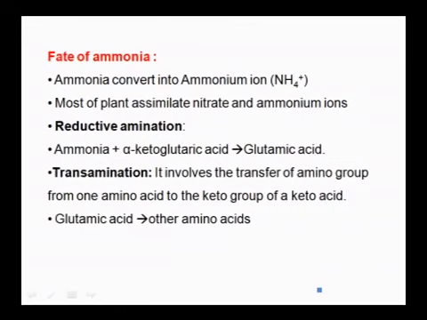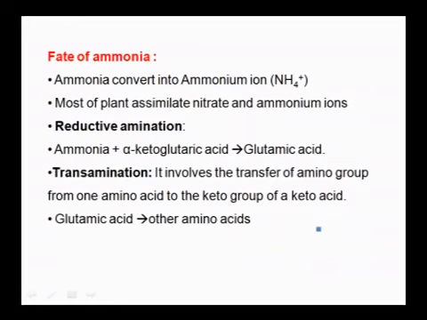Ammonia is converted into ammonium ions. Most of the plants assimilate nitrate and ammonium ions. During reductive amination, ammonia combines with alpha ketoglutaric acid to form glutamic acid. Transamination involves the transfer of the amino group from one amino acid to the keto group of a keto acid.